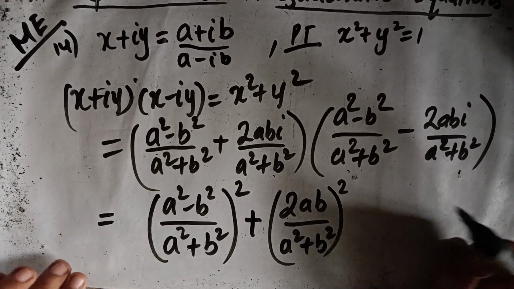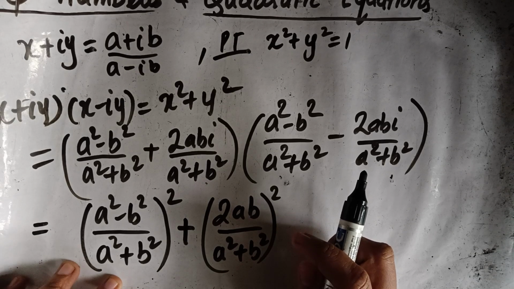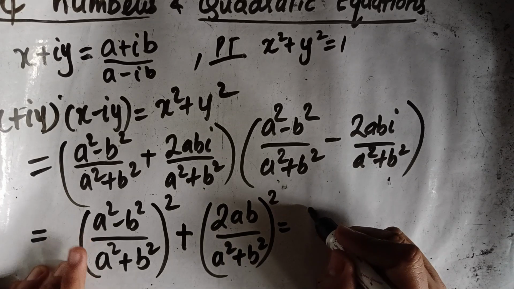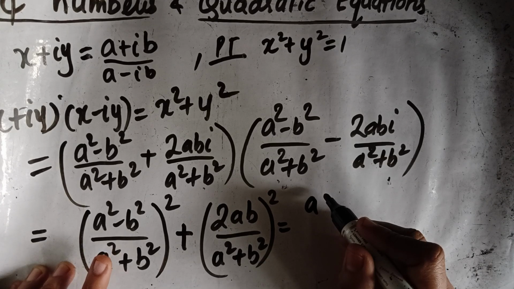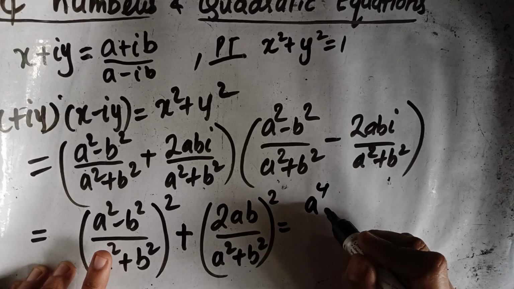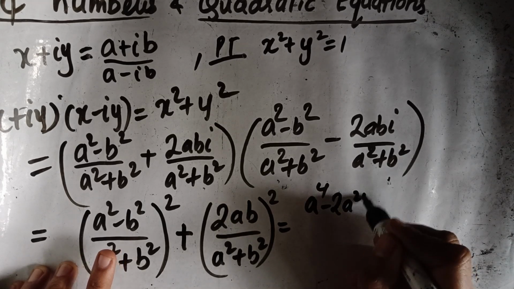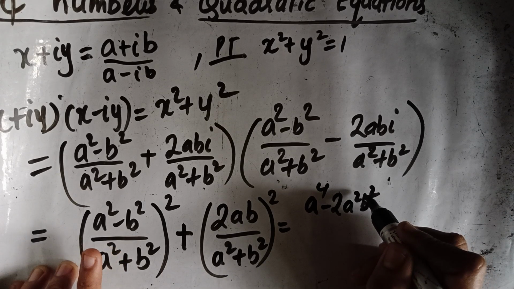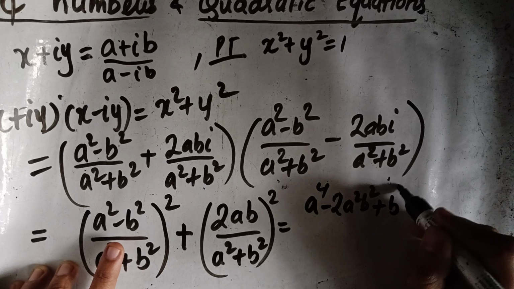Okay. So squaring this, we get (a square minus b square) the whole square, which will be a raised to 4 minus 2a square b square plus b raised to 4.